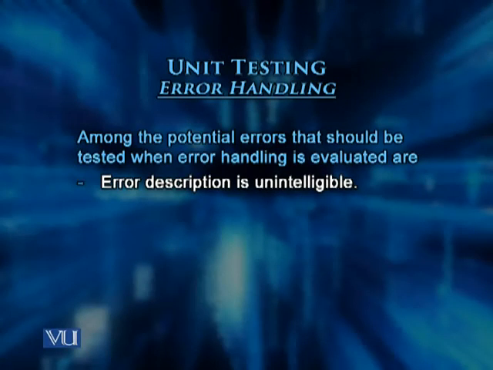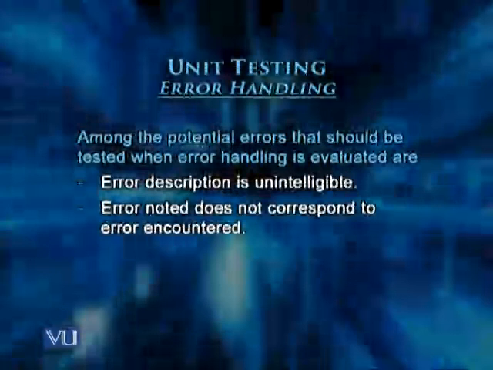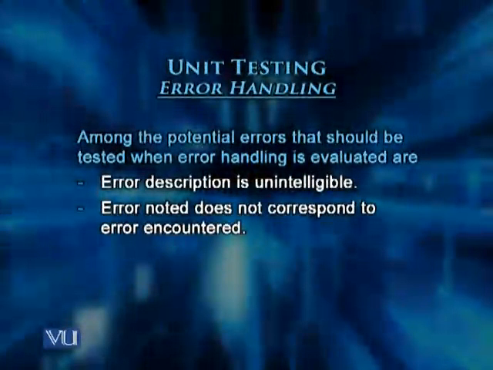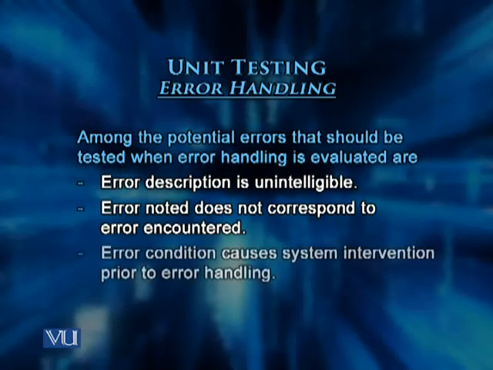It doesn't convey the meaning of the error, so the error description has to point to the tester as to what is the cause of the error. There is another problem that the error noted does not correspond to the error encountered, and we see that in many software products. Error conditions cause system intervention prior to error handling.